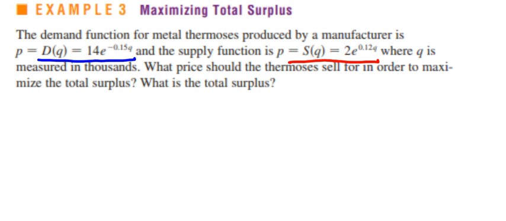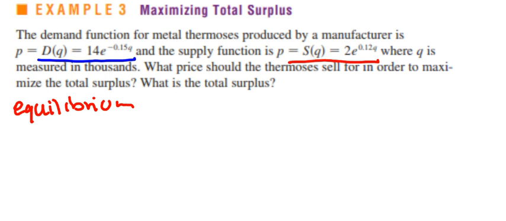So the first thing we probably need to do, the price that we should sell to maximize the total surplus is going to be the price at equilibrium. So first we need to find the Q, the quantity that makes equilibrium happen.